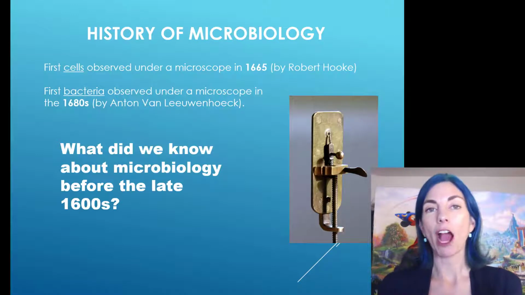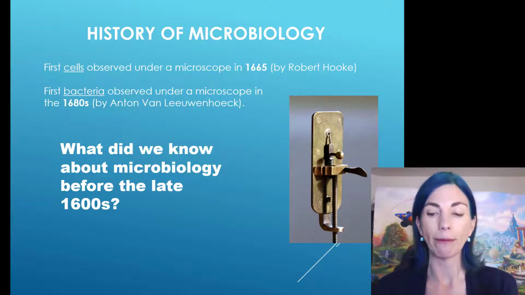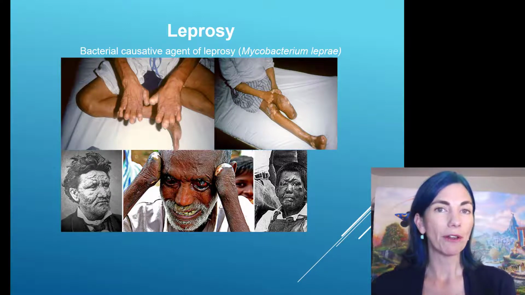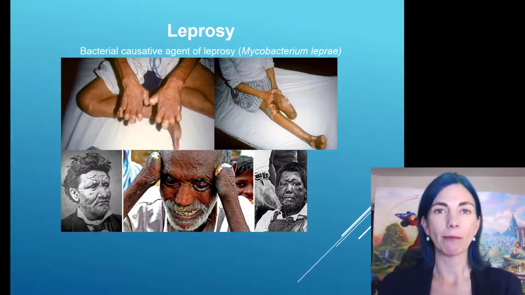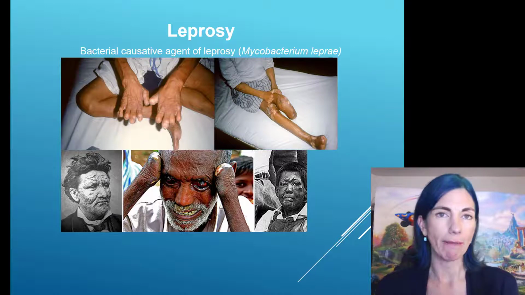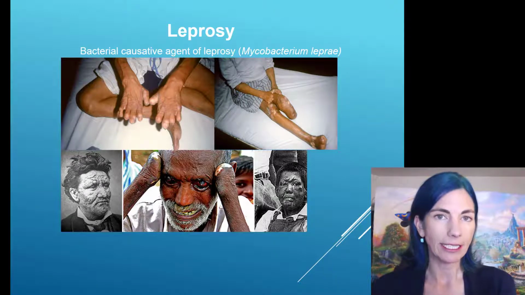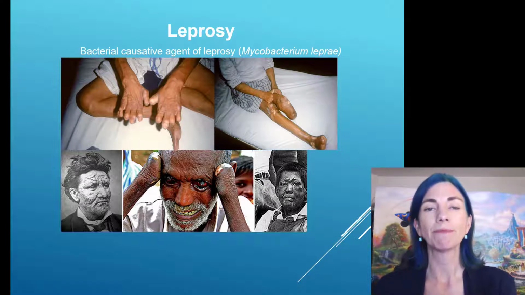So let's first talk about leprosy, because you see references to leprosy even in the Bible. Now, leprosy nowadays is a pretty unusual disease, but historically it was important, and we now know that it is caused by a bacterium by the name of Mycobacterium leprae, a very slow-growing bacterium that causes some pretty grotesque and severe disfigurement, a very slow disfigurement.